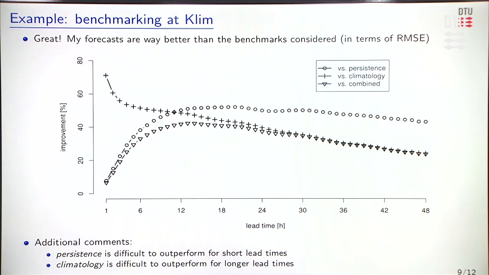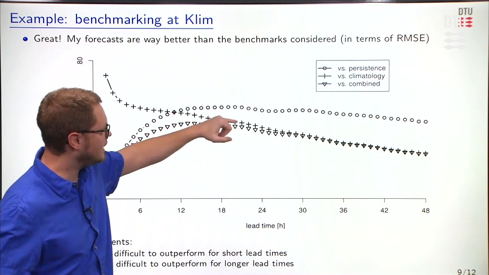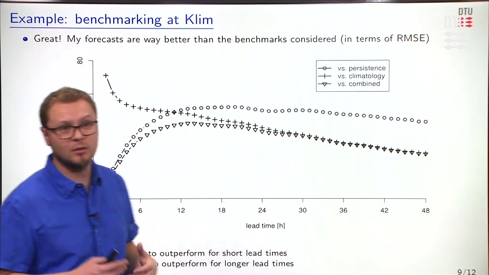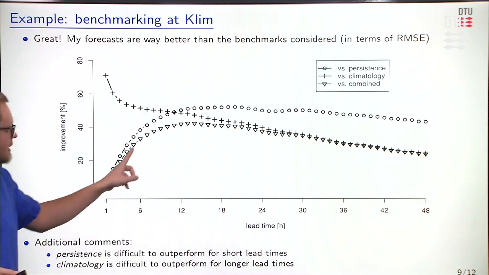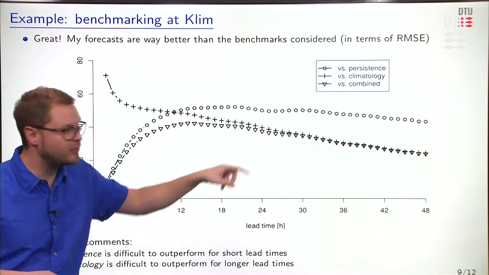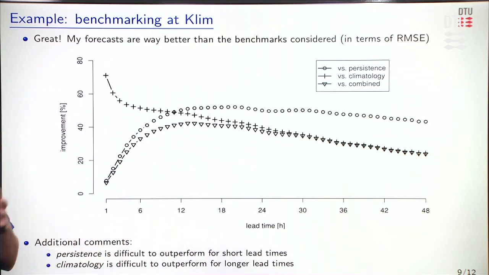It's very easy to improve a lot over persistence, more than 50%, but then it gets more and more difficult to improve over climatology. So if you were to combine these two reference methods, you would end up having this kind of skill score of your advanced forecasting method versus this combined reference.